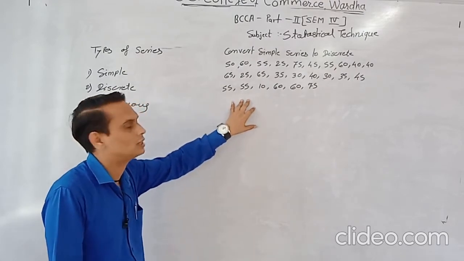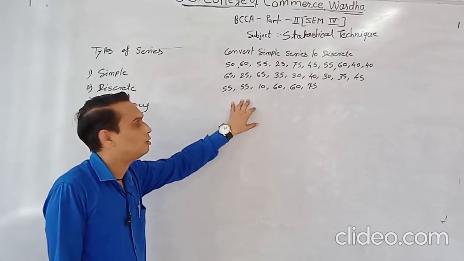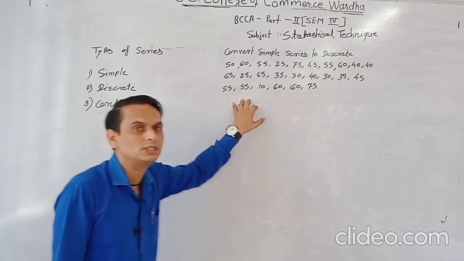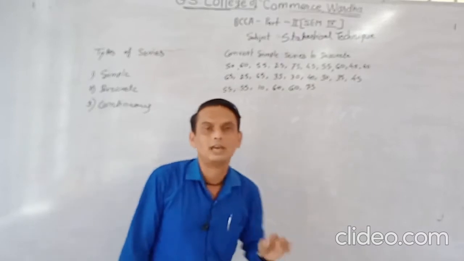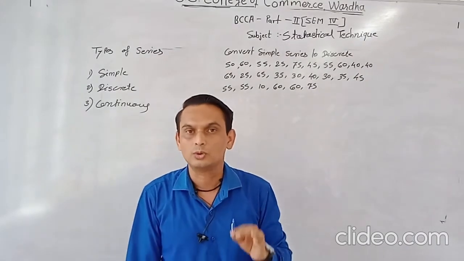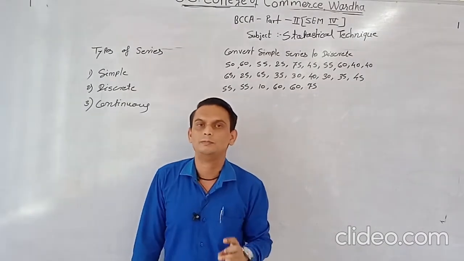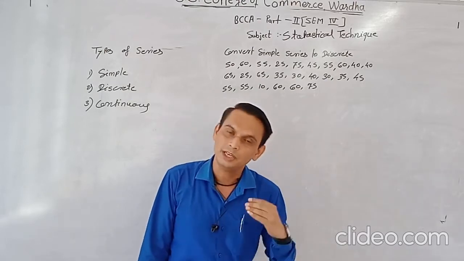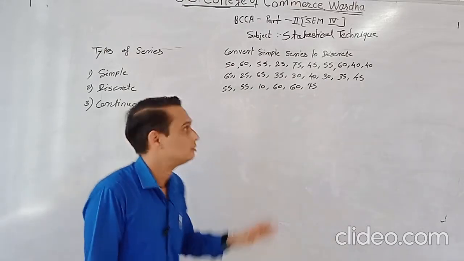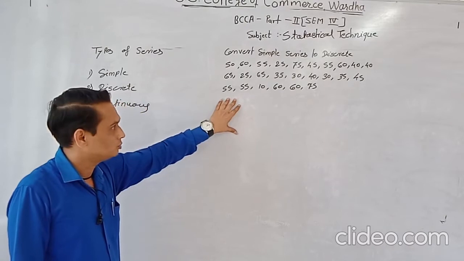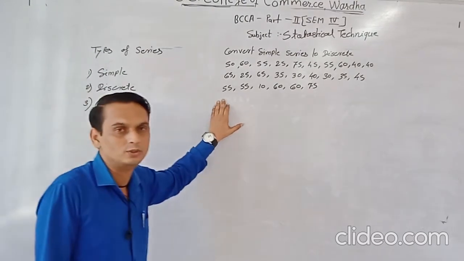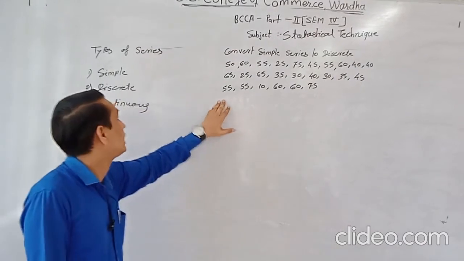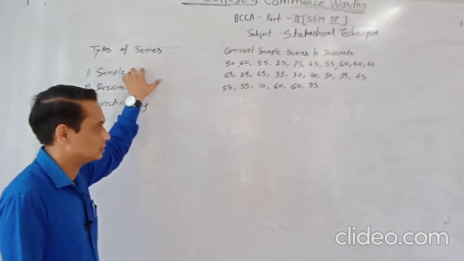Any type of values can be represented in the form of observation, and that is called a simple series. It means it doesn't have any chronological order or any ascending or descending order. The values are scattered, and this type of series is called a simple series.